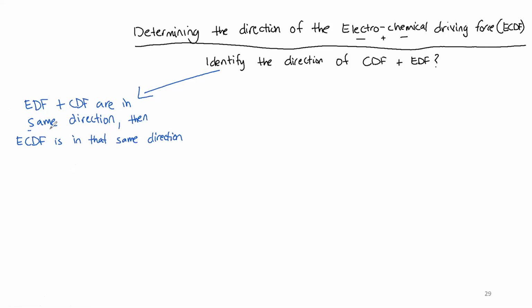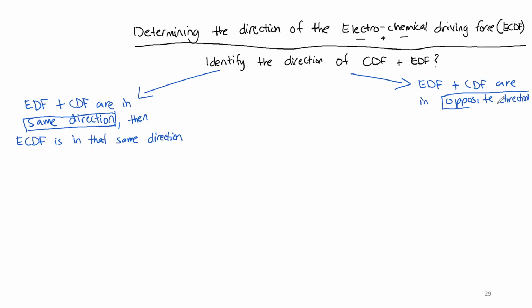Let's look at what happens if they are in different directions. So what happens if EDF and CDF are in different or opposite directions? Now what we'll do is compare the equilibrium potential and the membrane potential.